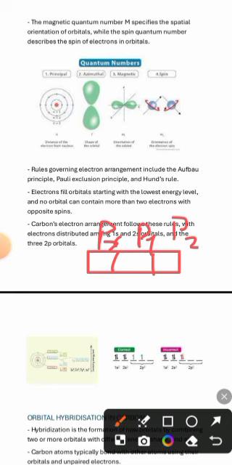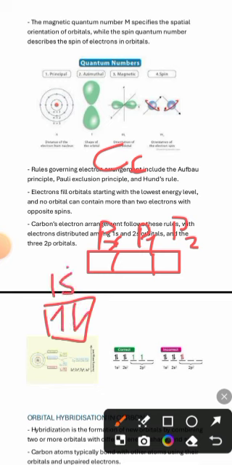So in a scenario whereby, let me say, carbon has six electrons. Therefore we first start with the first shell, the 1s orbital with two electrons, 1, 2. We are left with 4. So we move to the second shell, and we fill the 2s, 1, 2.